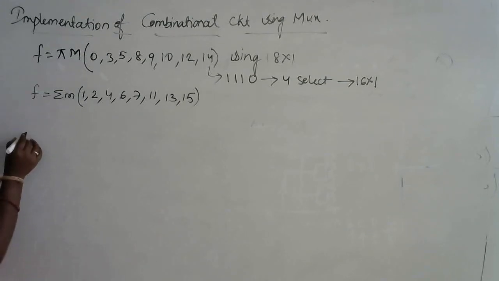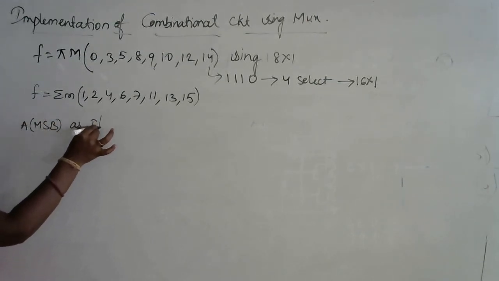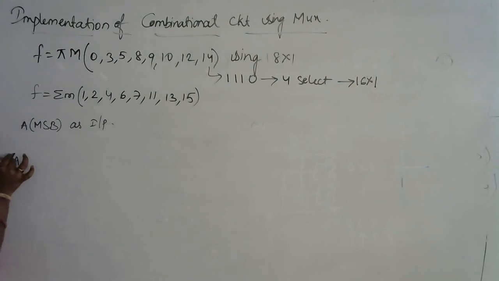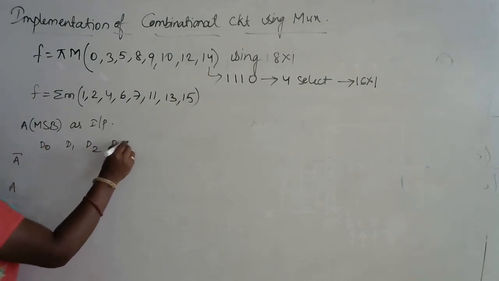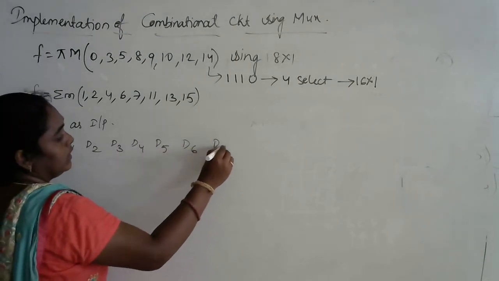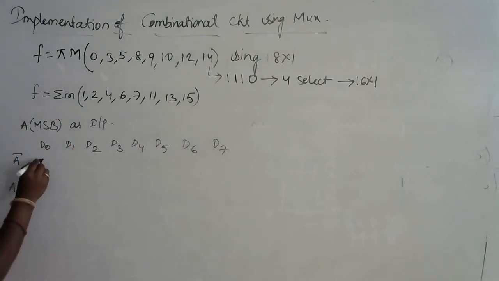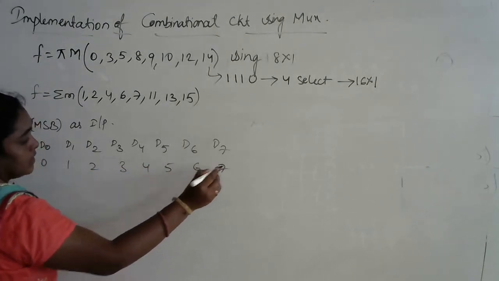Now, same thing, I am assuming that A, that is MSB, as input. If MSB is input, this is A bar, this is A. As it is an 8 by 1 multiplexer, this is D0, D1, D2, D3, D4, D5, D6 and D7. And the numbers are 0, 1, 2, 3, 4, 5, 6 and 7.